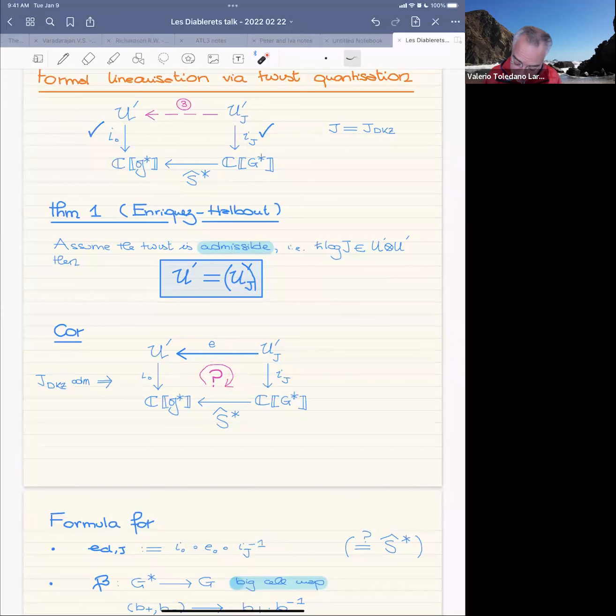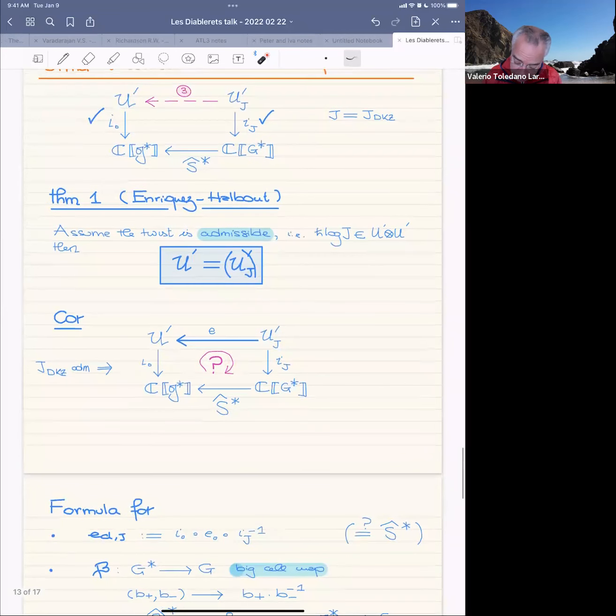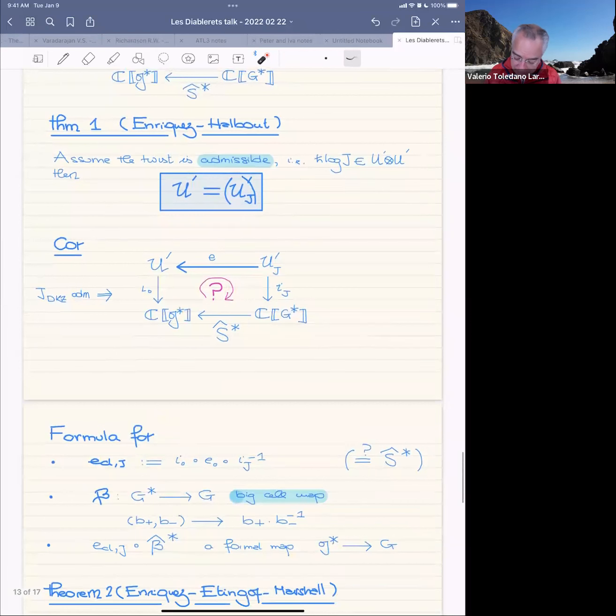And so how do we do that? Well, for that we need a further result, which is a formula for this composition here. So we would like a formula for what I'm calling E classical J. So E classical J is the specialization of equality at h bar equal to 0, which of course is still equality.